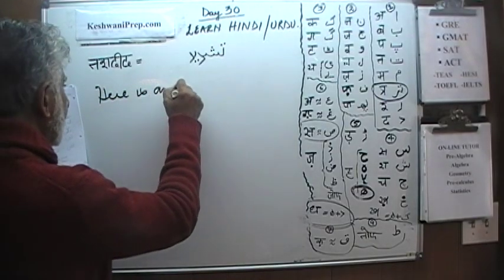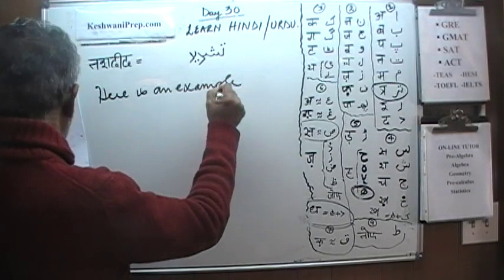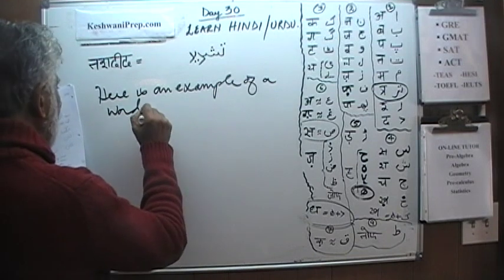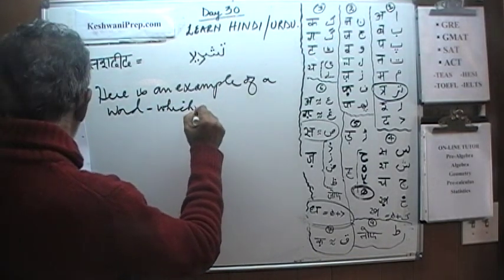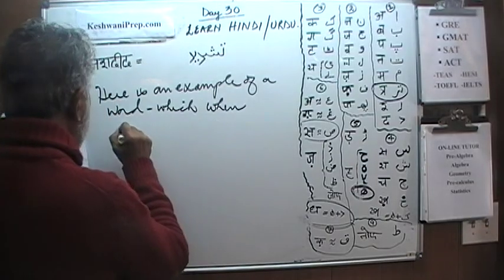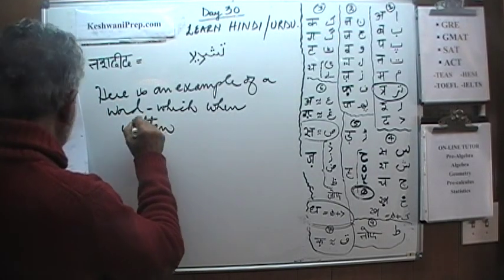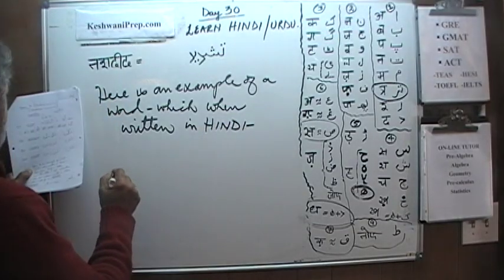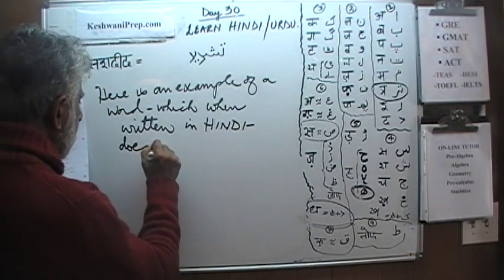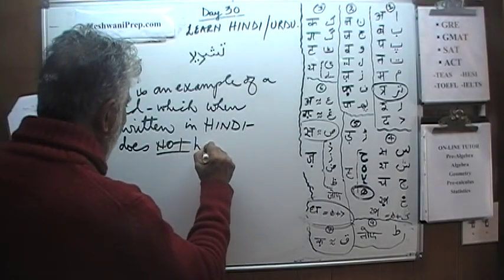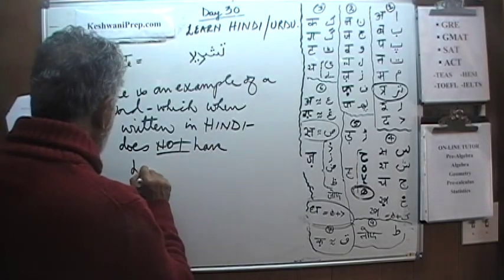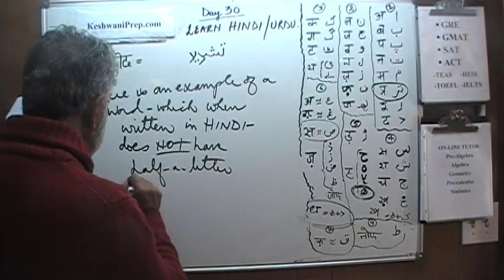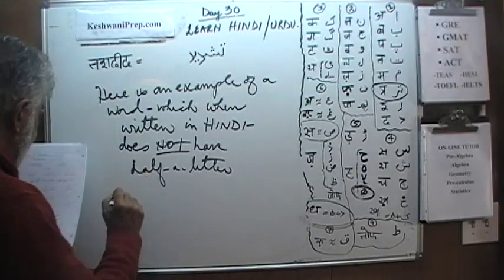Here's an example of a word which, when written in Hindi, does not have half a letter. This is the H. It does not have half a letter.